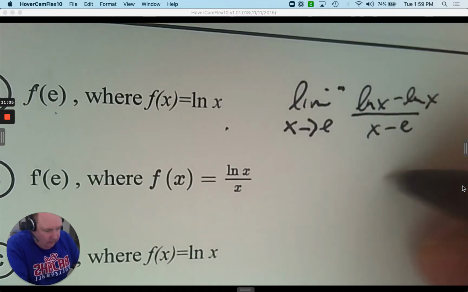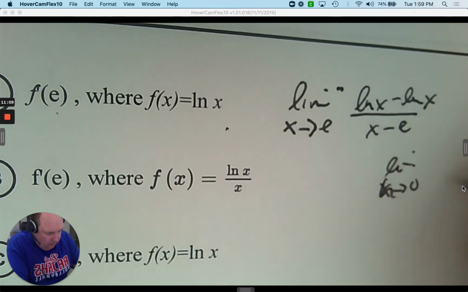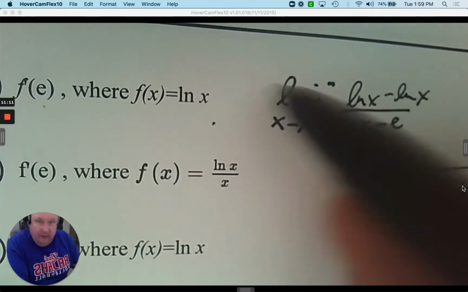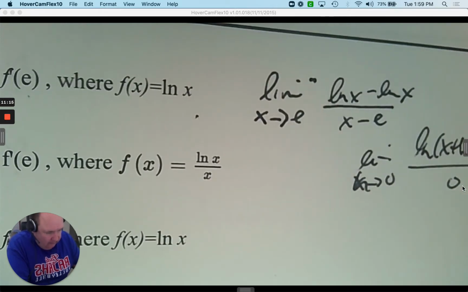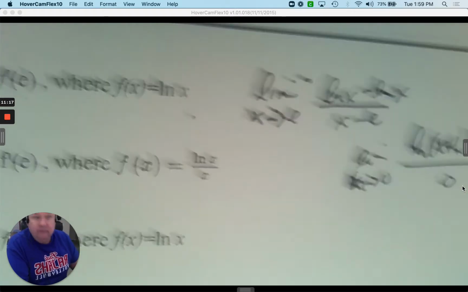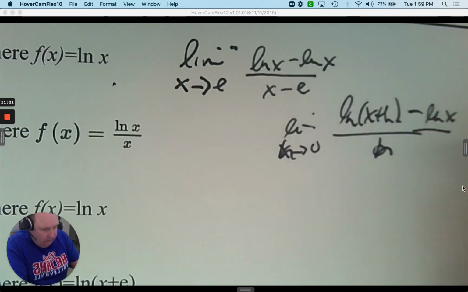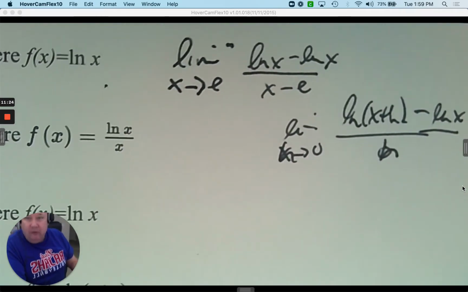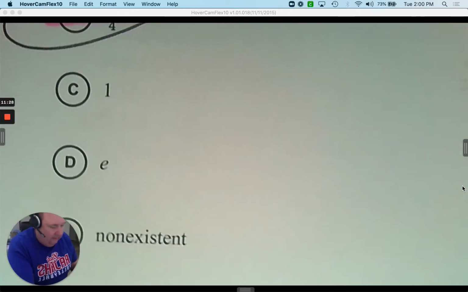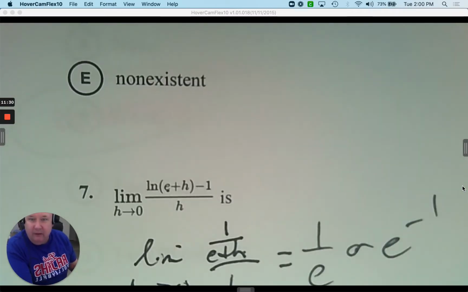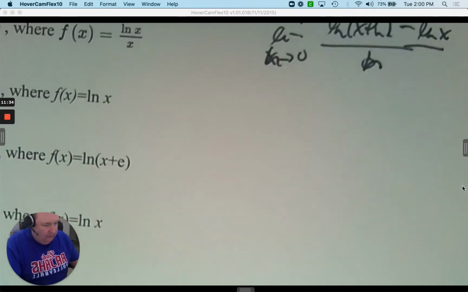The other way to look at it, if it's ln x, then it'd be ln of x plus h, subtract ln x. That's what it would look like, all over h. So that's also the basic definition of a derivative using limits. And that's exactly what I have right over here, because ln e is 1 in terms of as it approaches e.